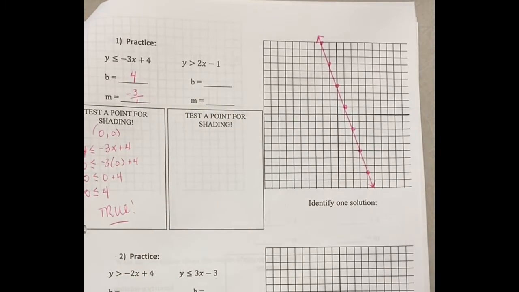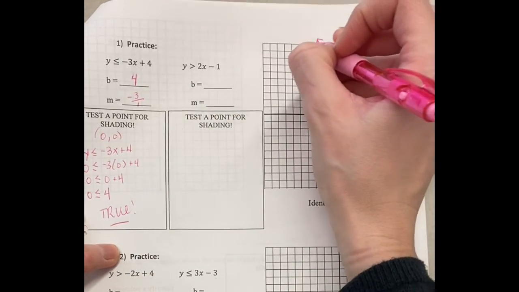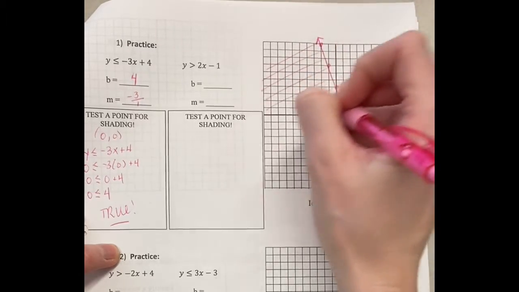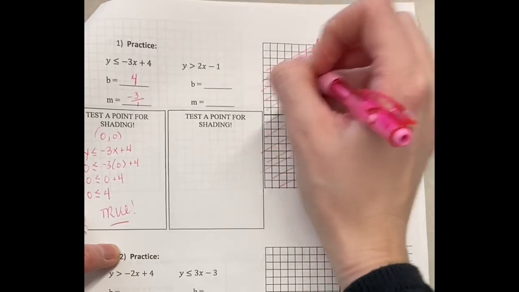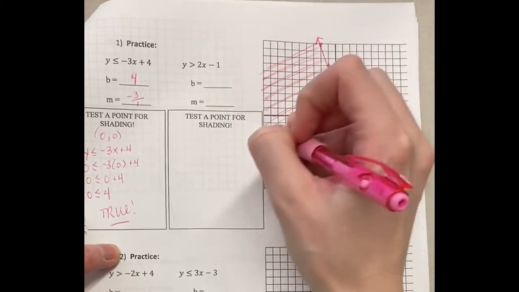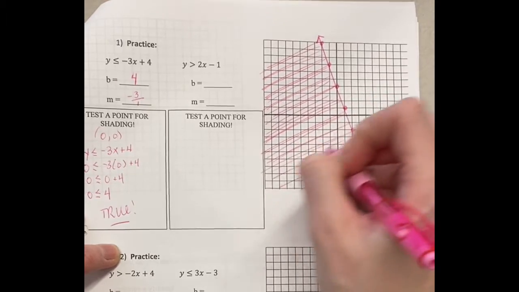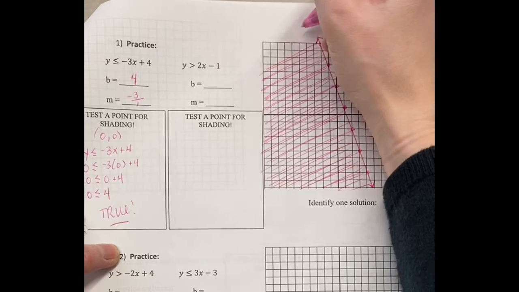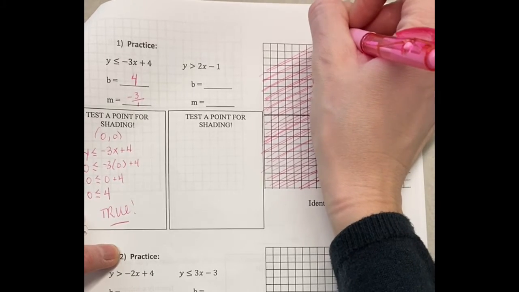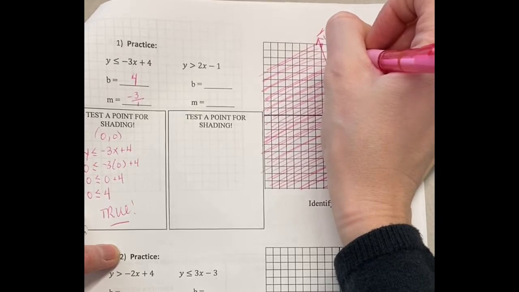So we are going to shade toward (0, 0) in this case. Then we are going to make sure that we label our inequality as y is less than or equal to negative 3x plus 4.